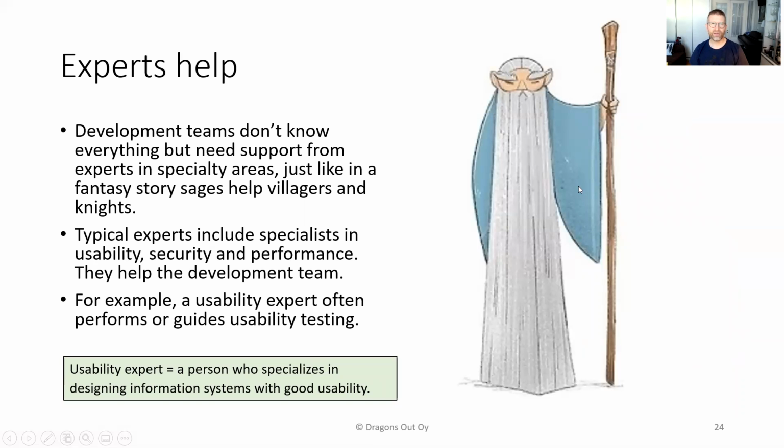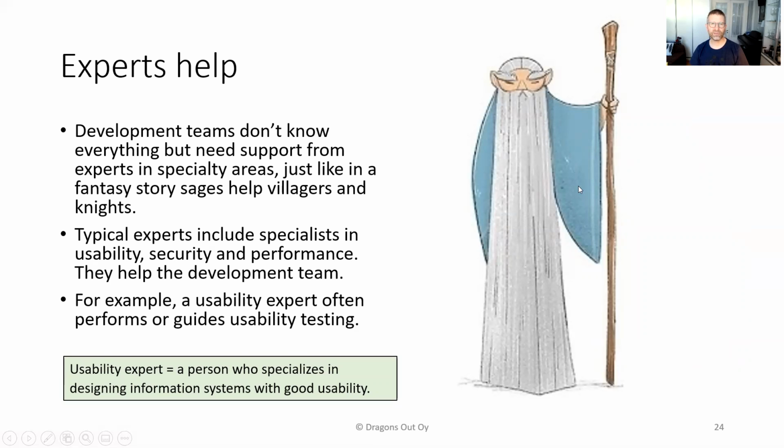And then you have experts. Experts help in areas where the development team doesn't have all the knowledge. Typically, these areas are some very narrow expertise topics like usability, how easy it is to use a software, security, can some bad person hack into the system, break into the system or not, and performance, is it fast to use the software?